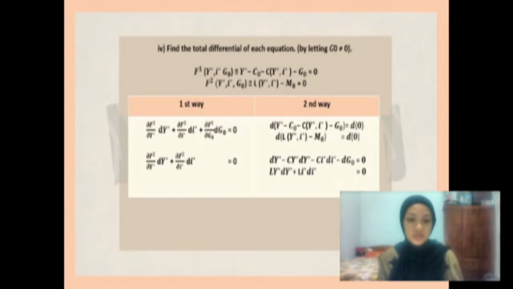And we get L_Y star dY star plus L_I star dI star equal to 0. Since C null and M null are equal to 0, we don't include them and we need to clear them from the equation. That's all from me.